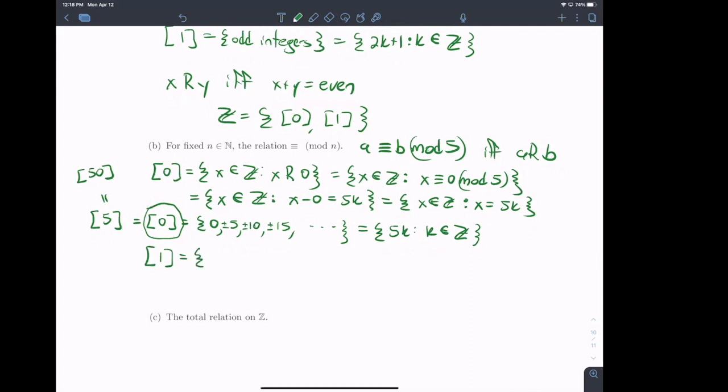Then we can think about the equivalence class of 1, which would be all of these integers such that x is related to 1. Using this logic, it would be the set of all integers such that x minus 1 is divisible by 5.